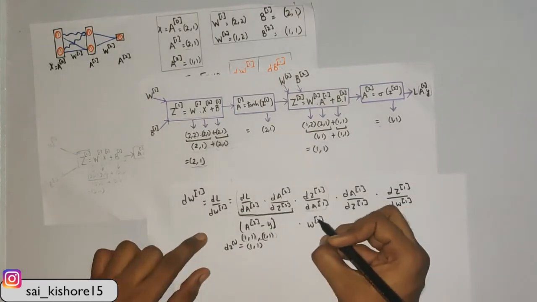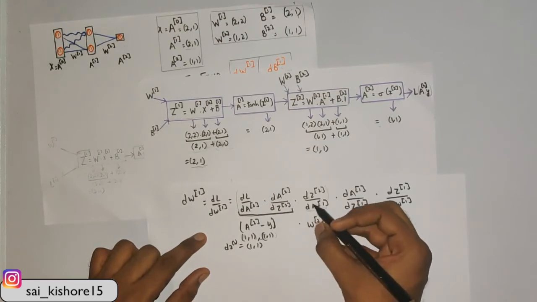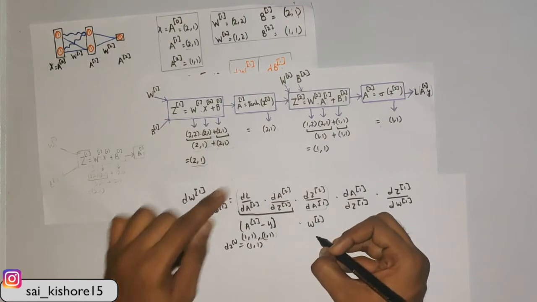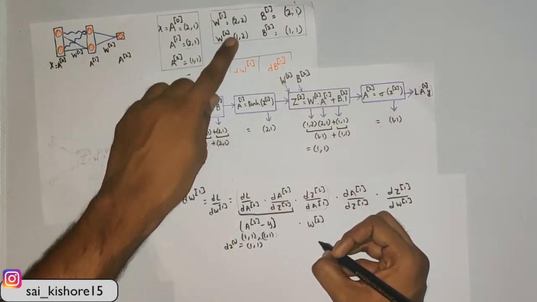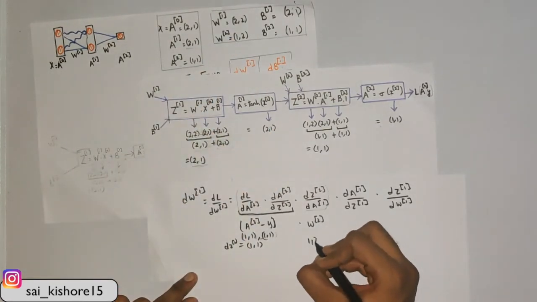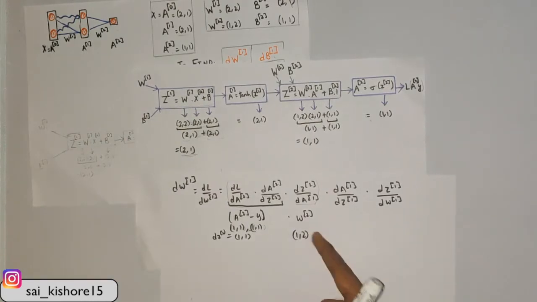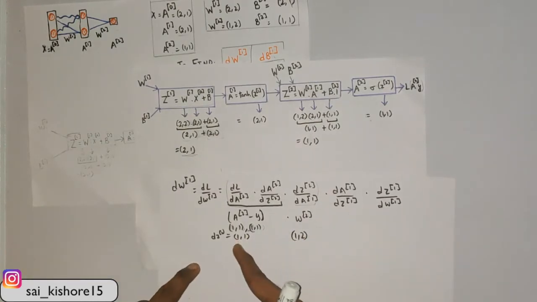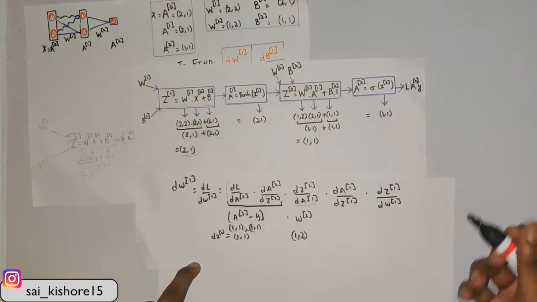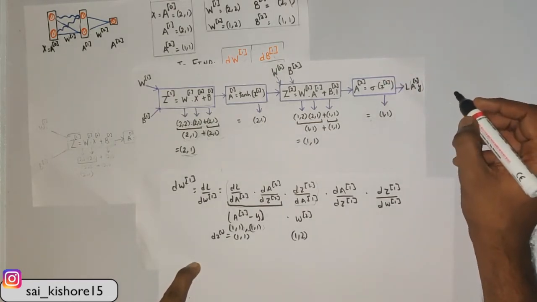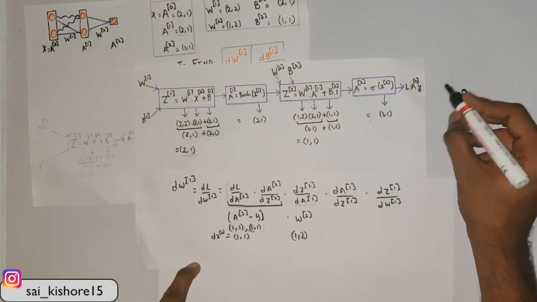So we got the answer W2, and we are writing the shape of W2. Shape of W2 is 1, 2. We have 1, 1 here and 1, 2 here. If you perform matrix multiplication between these two terms, 1, 1 and 1, 2, you will have a term which is 1, 2.